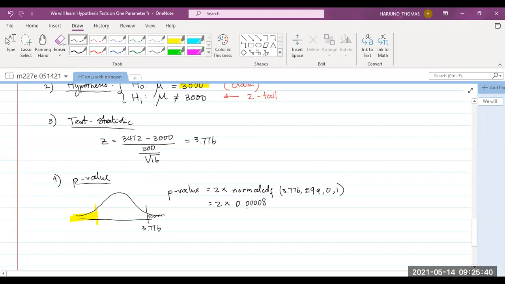I get 7.97 e negative 5 on my calculator, meaning the 7 is at the 5th decimal place, and 79 rounds to 8. Then multiply that by 2, that's 0.00016.